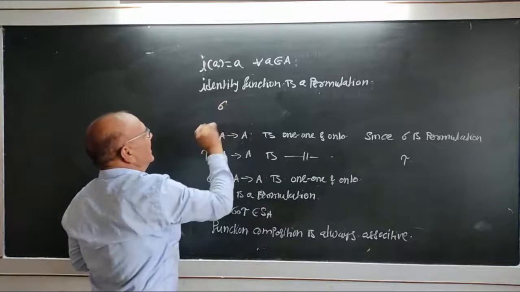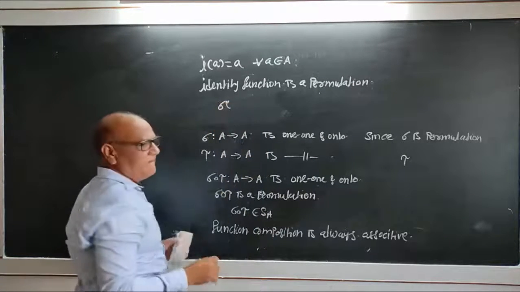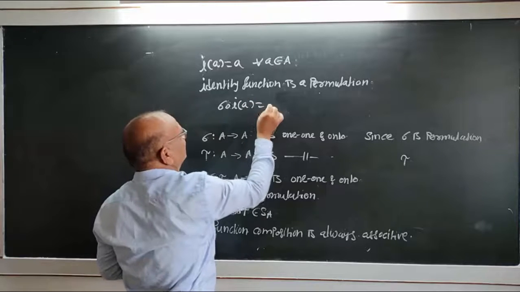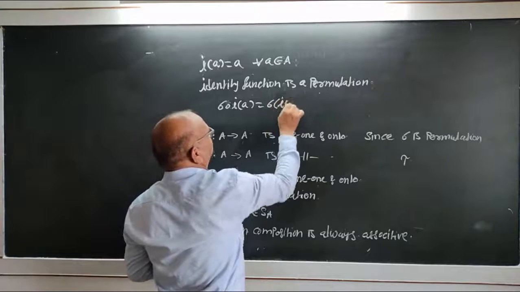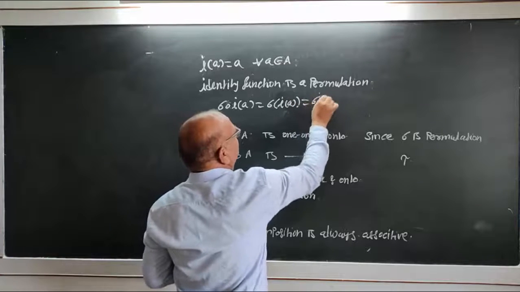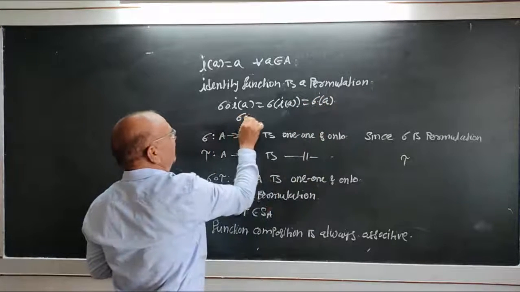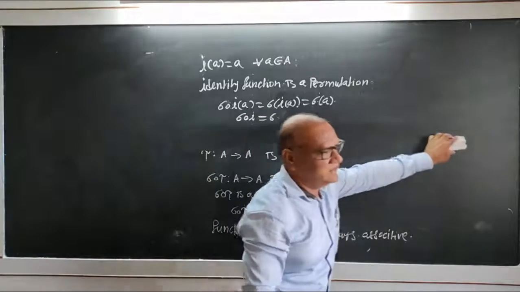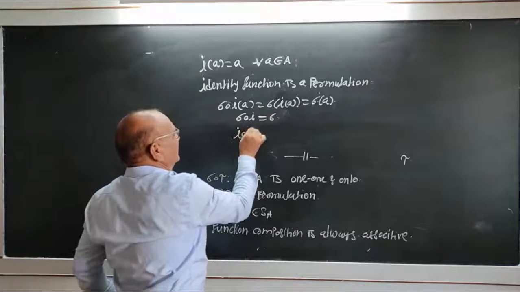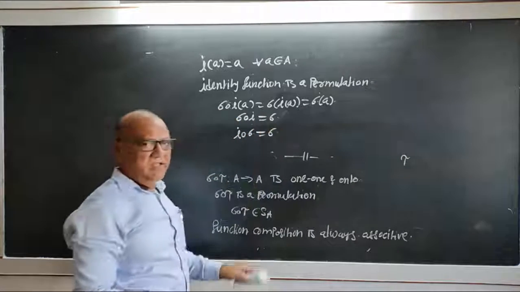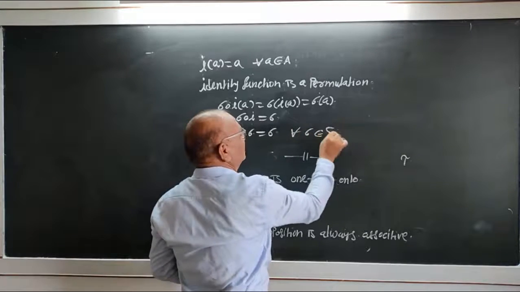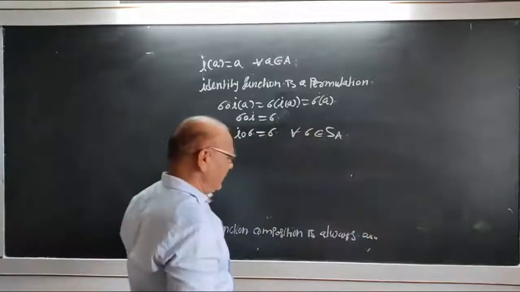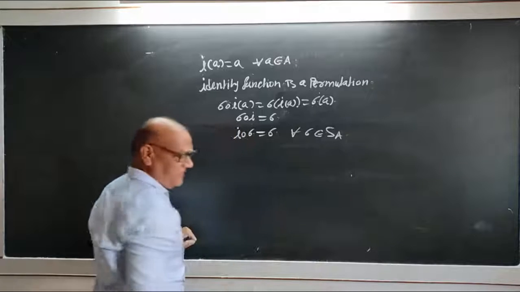Here sigma composition I is equal to sigma, since I of a is a. Also I composition sigma is equal to sigma, for all sigma belonging to SA. And so the identity exists.